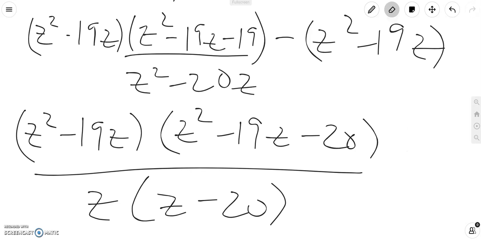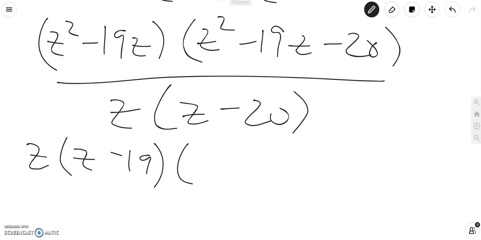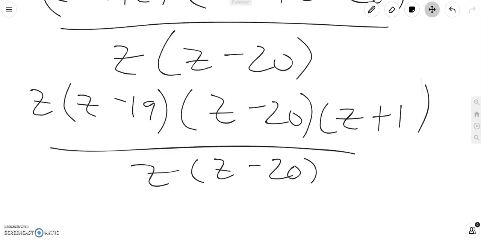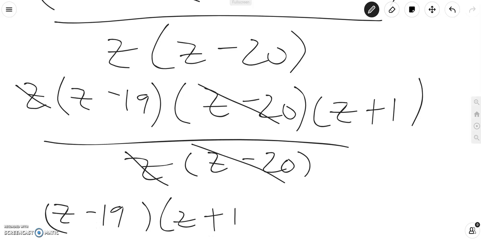Continuing our factorization, we can factor the top as z times (z − 19) times (z − 20) times (z + 1), over z times (z − 20) on the denominator. Many things cancel out here: the z's cancel, and the z − 20s cancel. What we're left with is that (z − 19)(z + 1) is pure imaginary.